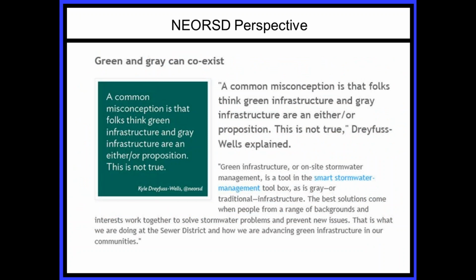One of the leading agencies in the Midwest is NEORSD, the Northeast Ohio Regional Sewer District. Their director is Kyle. She has been very outspoken about the needs of their market and their area. What she has talked about is the importance of mixing green and gray in the infrastructure.